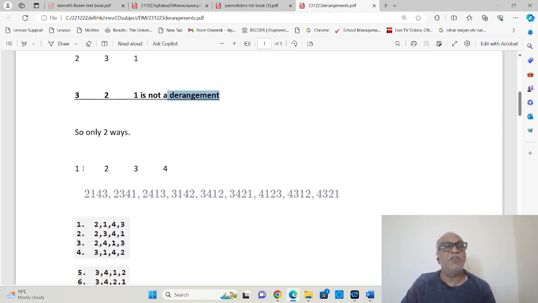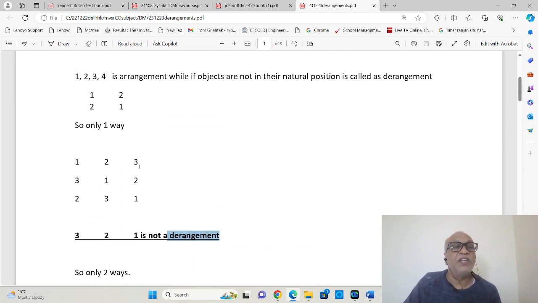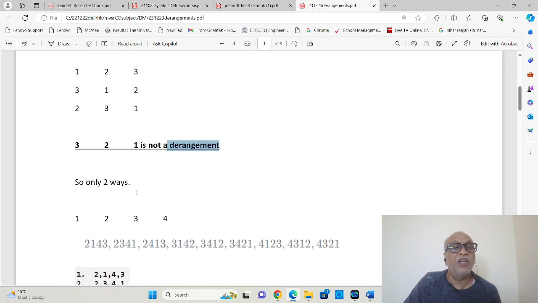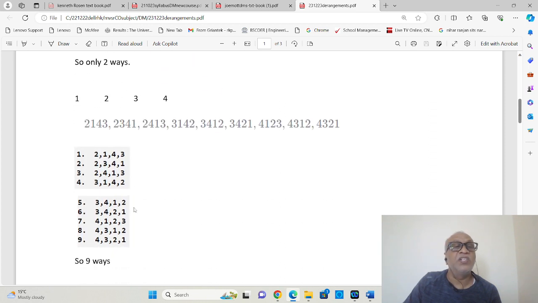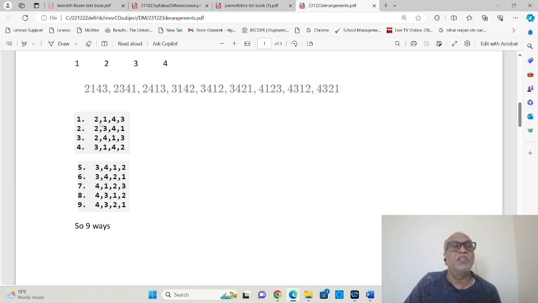Now similarly, we have 4 elements, 1, 2, 3, 4. If these 4 elements need to be deranged, if I do it manually, I see that it can be done in this fashion: 2, 1, 4, 3, starting with 2, starting with 3, starting with 4, and none of them is starting with 1. That you have to remember. So if I see all these combinations, there are 9 ways.